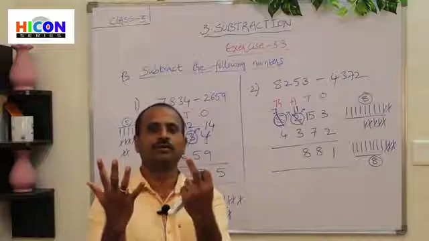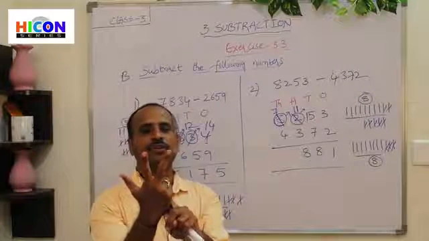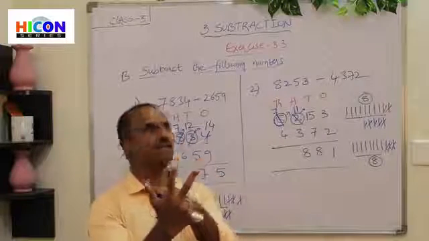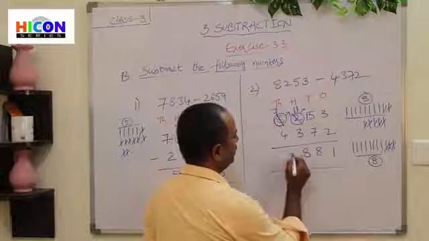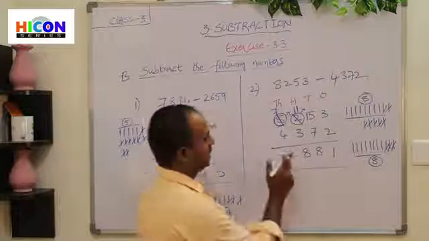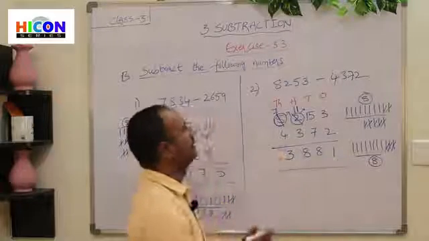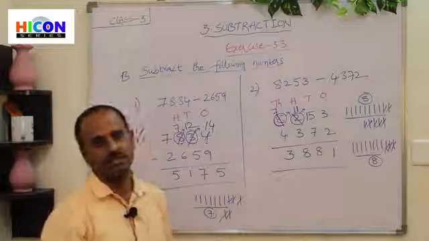That is 1, 2, 3, 4. Children, I have closed 4 fingers. And how many fingers are there? 1, 2, 3. There are 3 fingers remaining. Write 3 under thousands place. So the answer is 3881. Children, in this way we can do the subtraction in 2 ways.